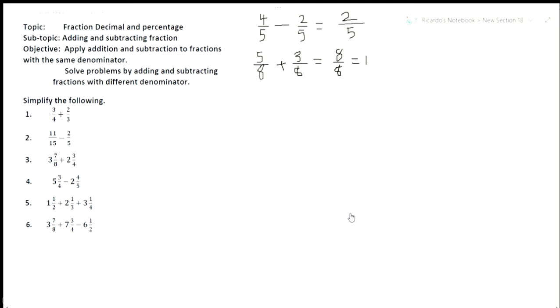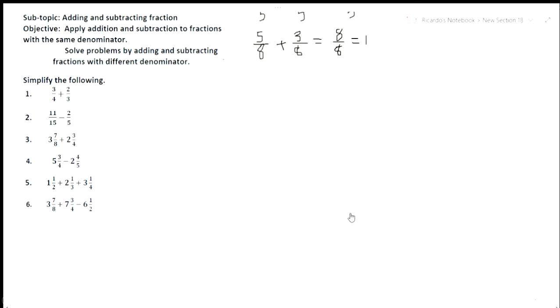But it becomes difficult when you have fractions with different denominators. So let's look at number 1. Simplify the following.